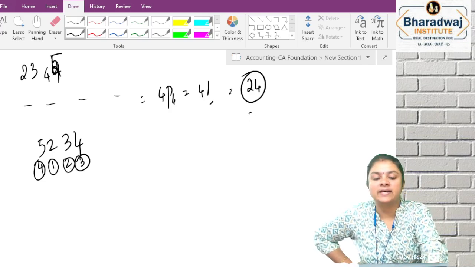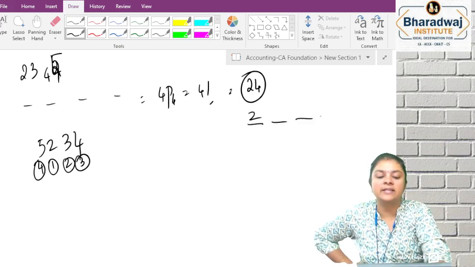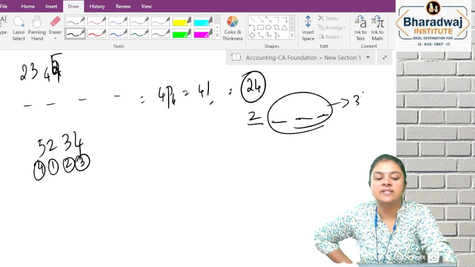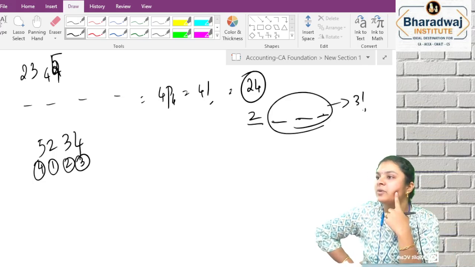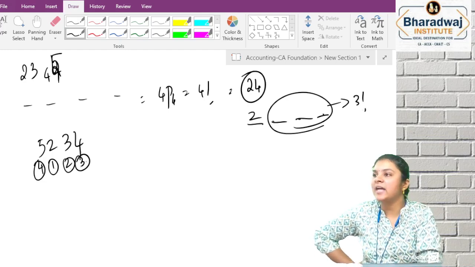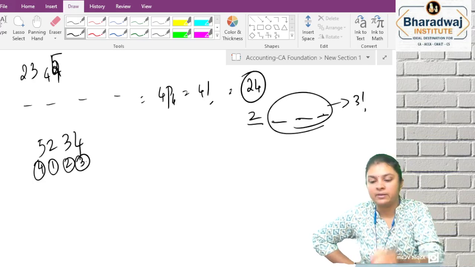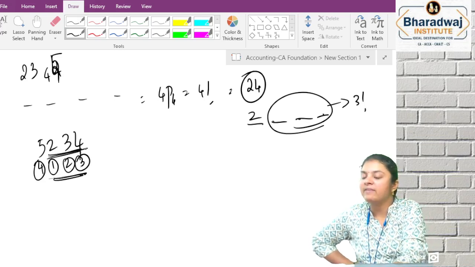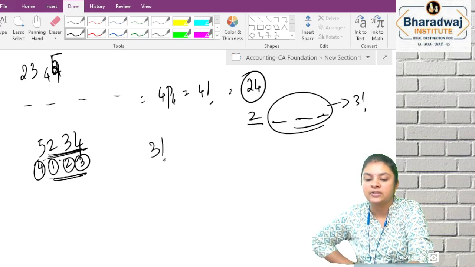If I have to understand it as logic, if it started with 2, there would be 1, 2, 3 positions which are vacant. Correct? 3 numbers can be arranged in how many ways? 3 factorial ways. So the number of positions skipped in total is 3 factorial into 3.